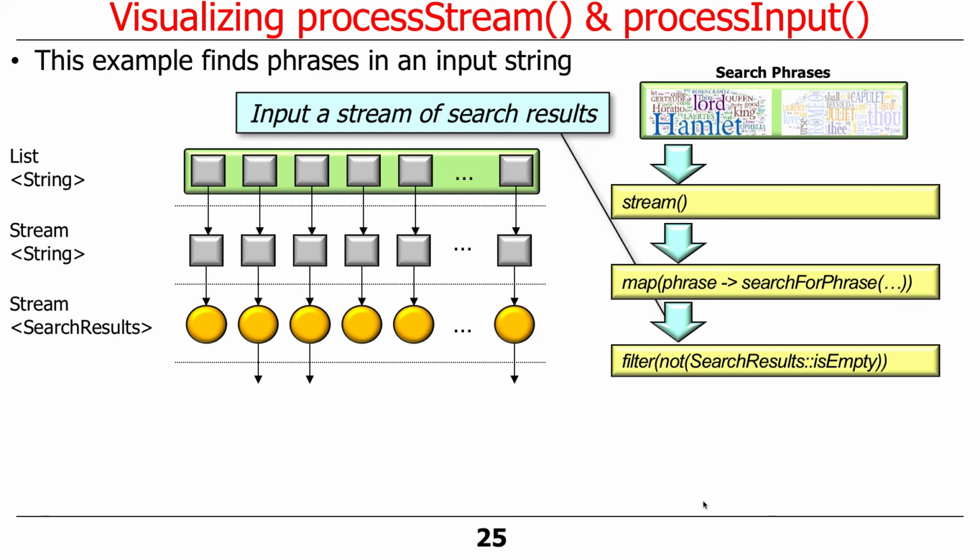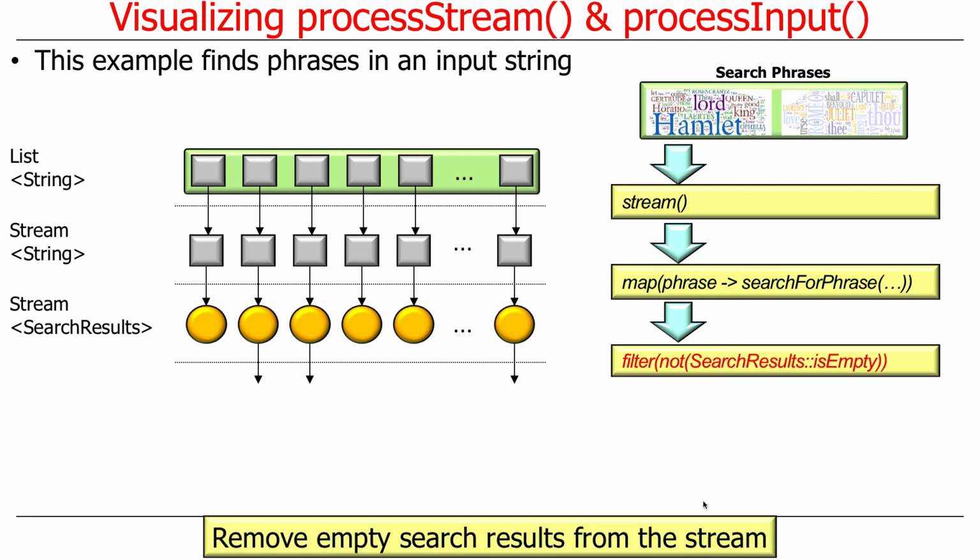So what we get there is an output stream of search results, but not every search result is going to have anything useful in it, because sometimes we didn't find a word in a particular place. So if you look up the word supercalifragilisticexpialidocious in the works of Shakespeare, you will not find it, right? It's not going to be there. So we'll get a search result that's empty. So we want to get rid of all the empty search results. So of course we're going to filter them, and filter will exclude everything that is empty, so it'll only let through things that are not empty.